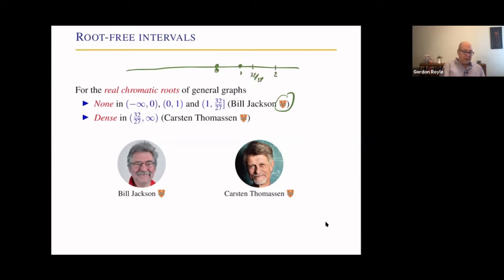He showed that there are no chromatic roots, well, you can have a chromatic root at 0. You must have a chromatic root at 1 normally, and then none up to 32/27. Cast and Thomassen filled in the rest and showed that there are real chromatic roots dense everywhere onwards. So you've got no chromatic roots for a long time, and then you've got as many as you want.